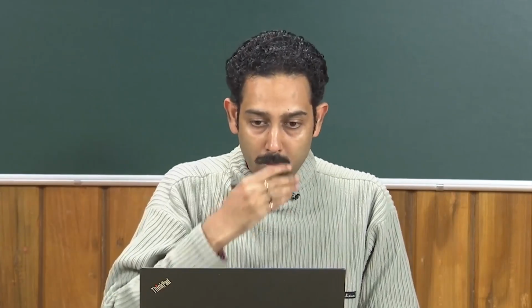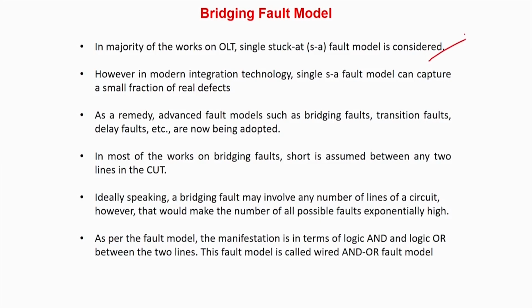As I have told, the majority of stuck-at faults are considered, but in modern integration technology the single stuck-at fault model can capture only a small fraction of real defects. That is why the correlation is coming down. So advanced fault models like bridging faults, transition faults, and delay faults are now being adopted. In today's lecture we will see what these modern fault models are, and how you can go for ATPG of these faults.